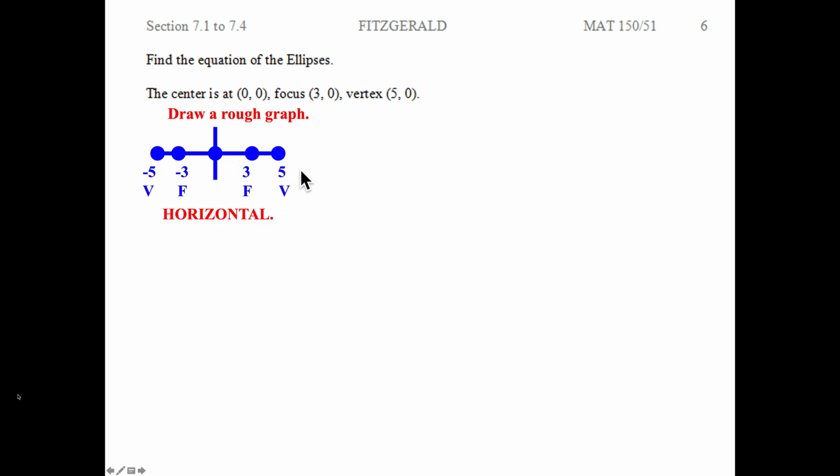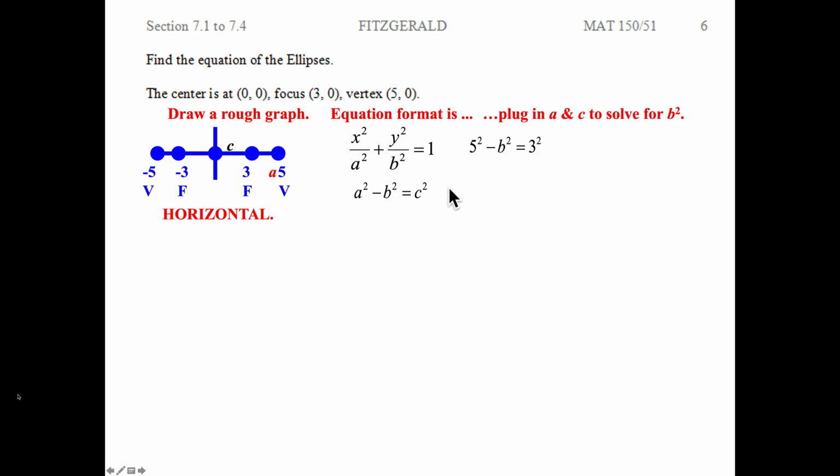So we have this horizontal ellipse where we can now take our general format of the equations, plug in the A. We don't know B yet, but we'll use the Pythagorean theorem with the minus sign to help us find B squared. So we'll plug in the values. 5 goes in for A, 3 goes in for C. We're going to solve this for B squared.